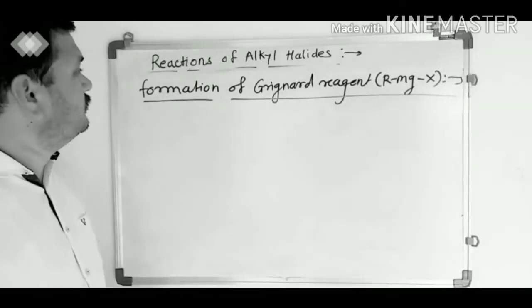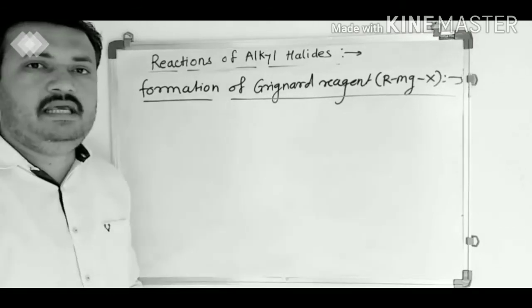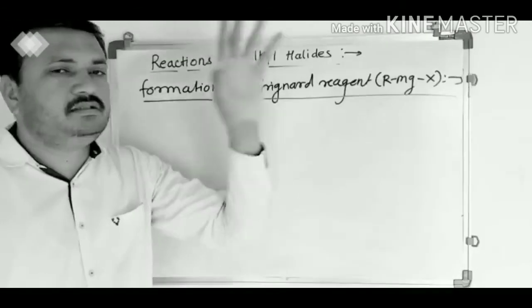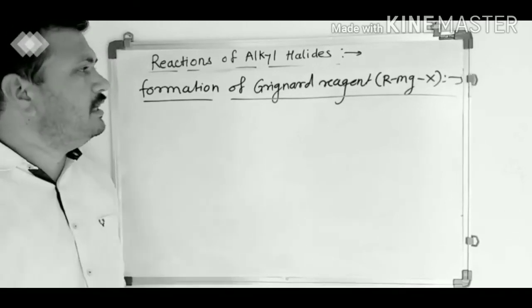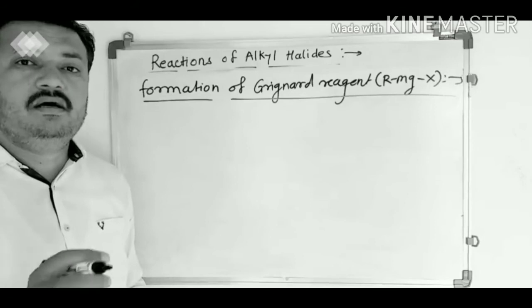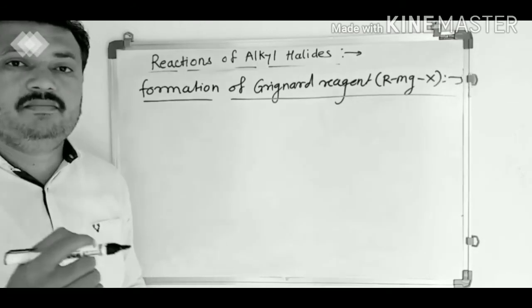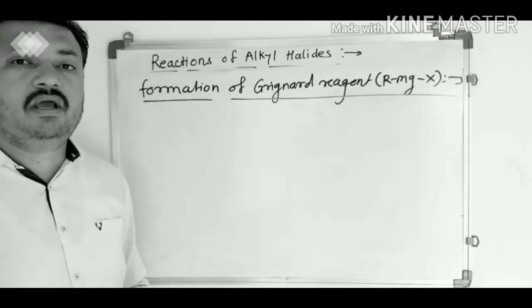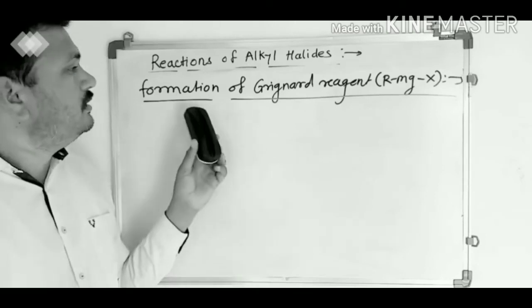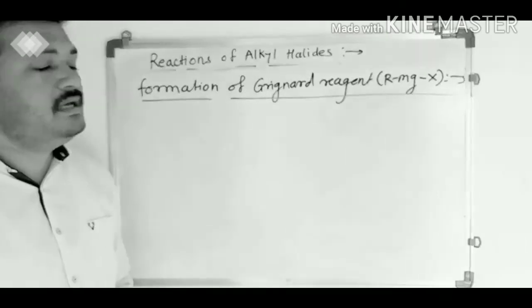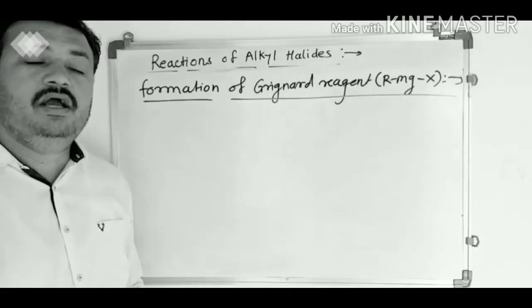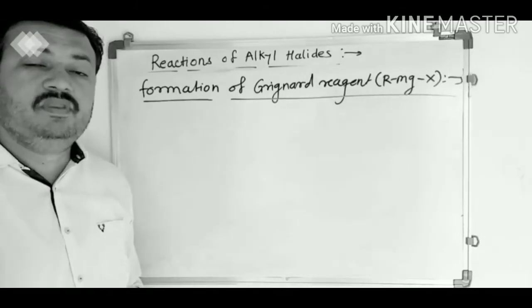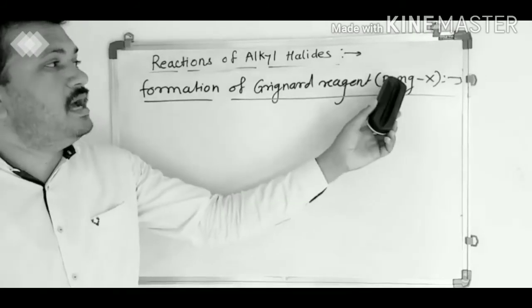Next, we will see the formation of Grignard reagent, RMgX. These Grignard reagents are known as organometallic compounds, that means they contain a bond between a carbon and a metal atom. When alkyl halides are reacted with magnesium metal in presence of dry ether, there is formation of RMgX.